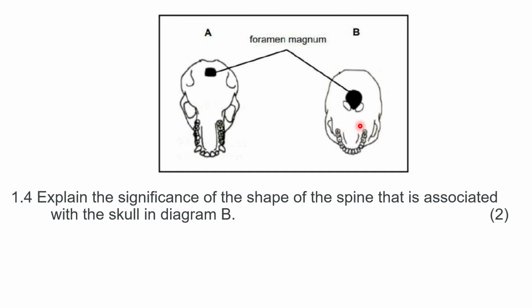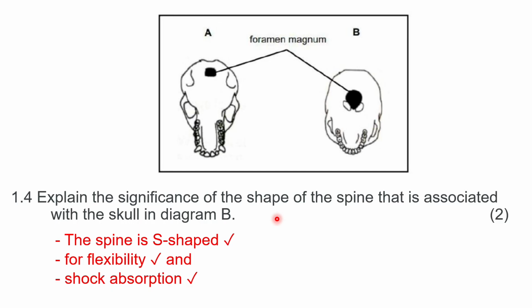So that means its spine must be more in an S shape to absorb more shock and to be more flexible. So we've got an S-shaped spine, and the reason why is for flexibility and then shock absorption.